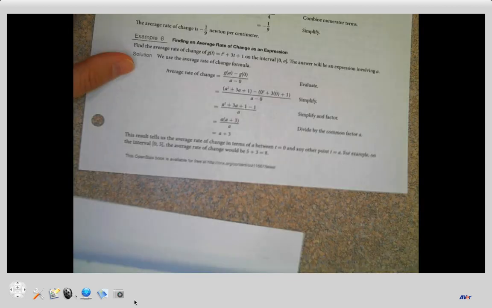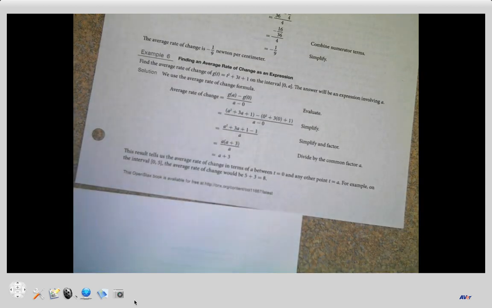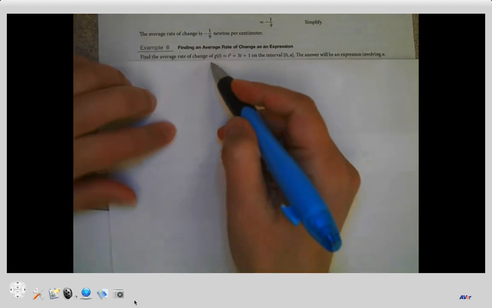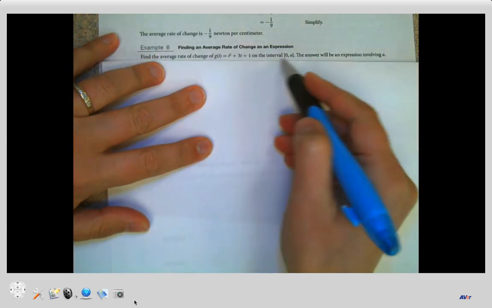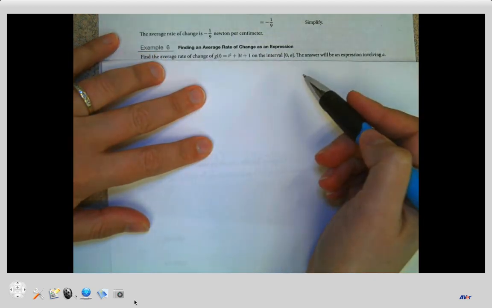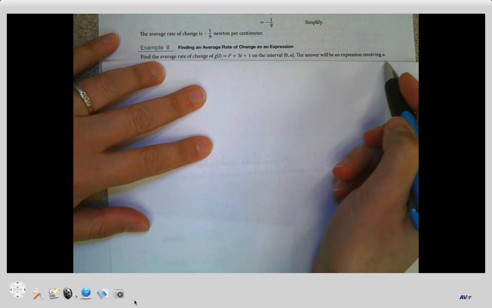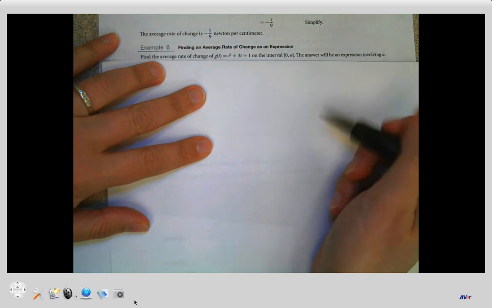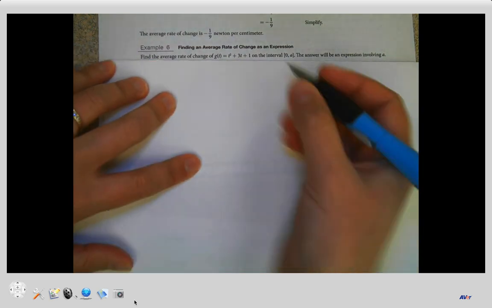So now what if instead of a function, we have an expression? Let's look at example 6. Find the average rate of change of this expression on the interval 0 to a. The answer will be an expression involving a. So we're starting to have some letters in here. We're not just going to get a number answer.